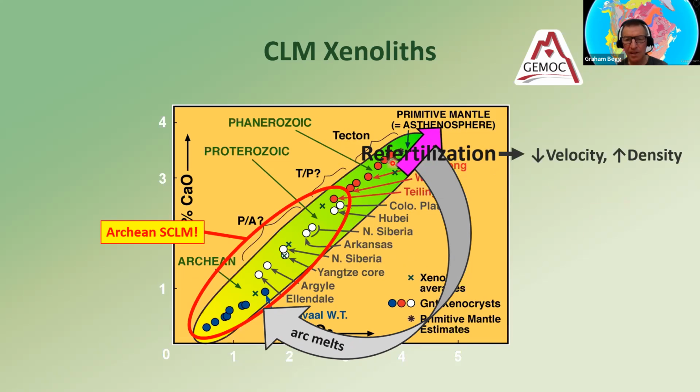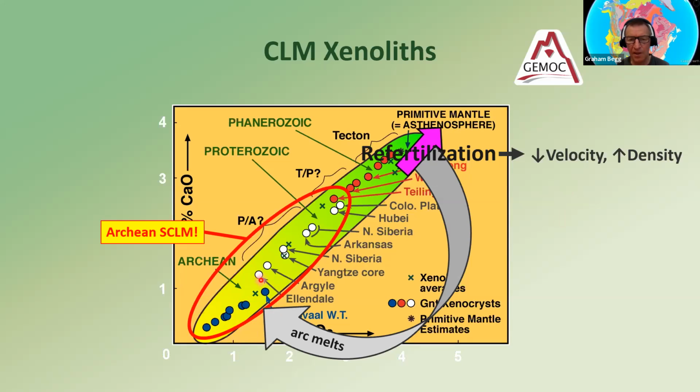That has the effect of lowering the seismic velocity of this mantle and increasing its density, because you're adding iron-rich rocks. And I should have pointed out that forsteritic olivine, which is the magnesium-rich end member, which is prevalent in these old depleted roots, has acoustic properties such that it has a higher velocity compared to the iron-rich end member of the olivine family, which is fayalite.